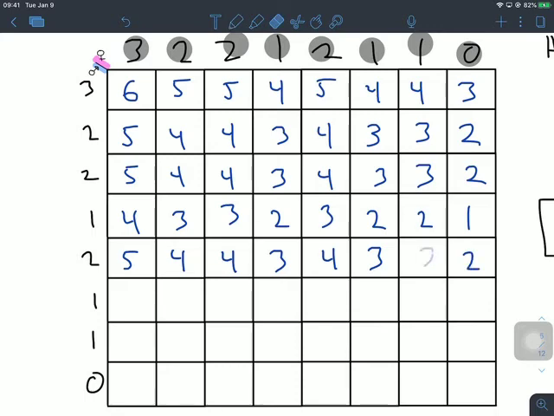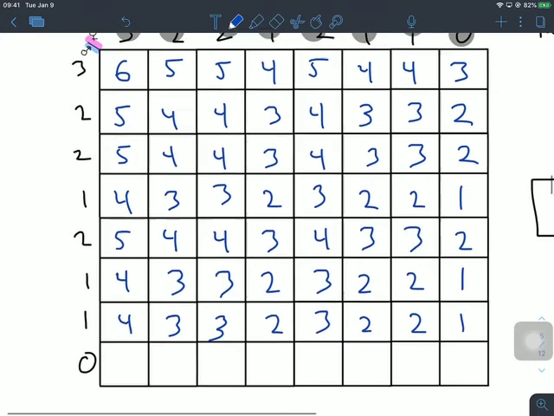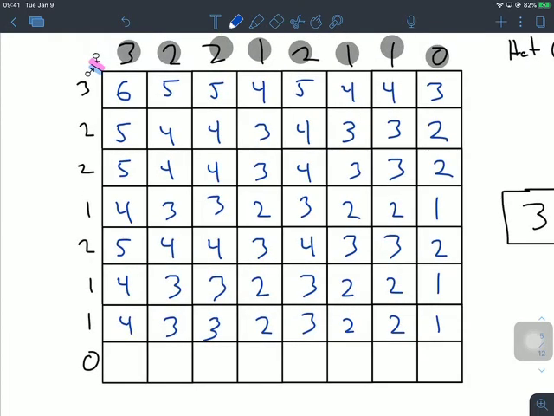Make sure my 2s and 3s look different enough here. And then our 4, 3, 3, 2, 3, 2, 2, 1, 4, 3, 3, 2, 3, 2, 2, 1. And last but not least, 3, 2, 2, 1, 2, 1, 1, 0.